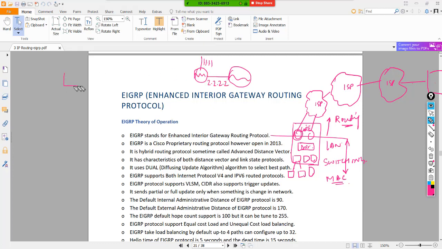Whereas a switch can have everything in the same VLAN. I can have a switch configured all in a single VLAN. But in the case of a router, I cannot have two different interfaces participating in a single network. I cannot have this as 1.1.1.3. It will not let me do it.